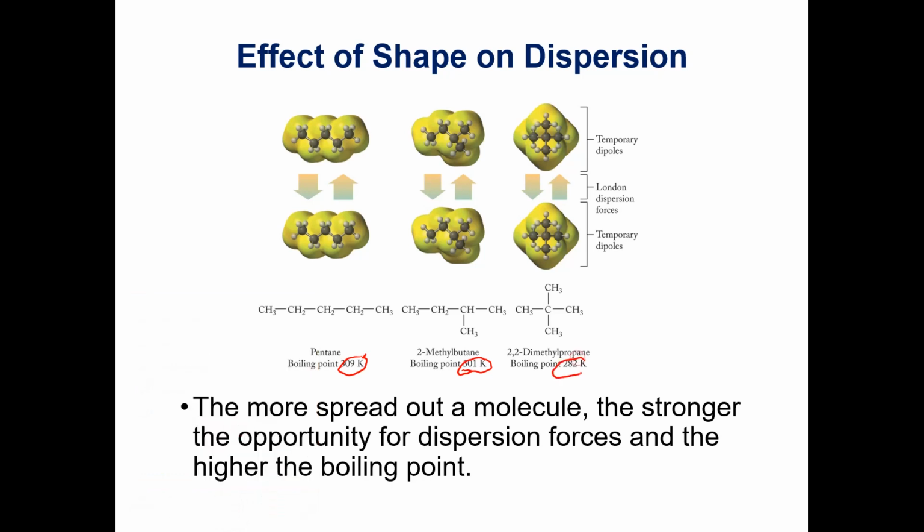We've now got a boiling point of 282 Kelvin. So we've dropped almost 30 degrees from our original boiling point, and even 20 degrees from this boiling point. So we're not taking as much energy to overcome the intermolecular forces as we branch out here.